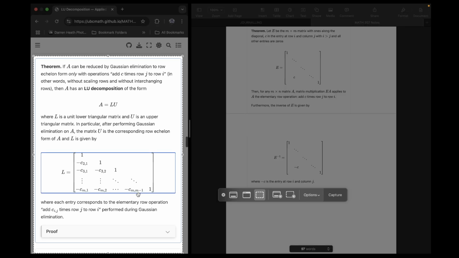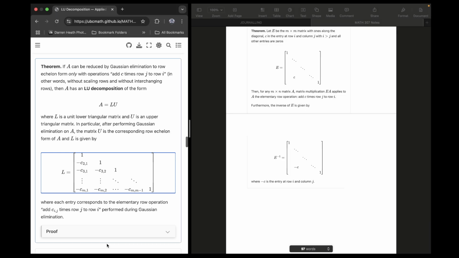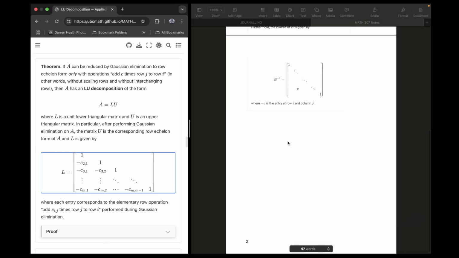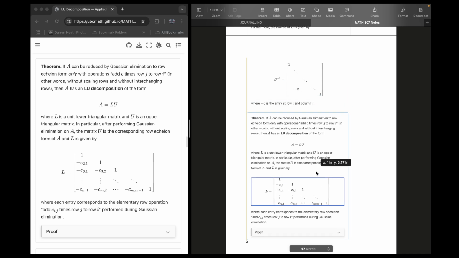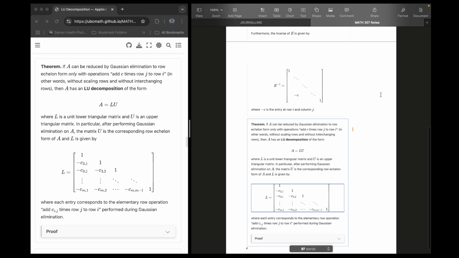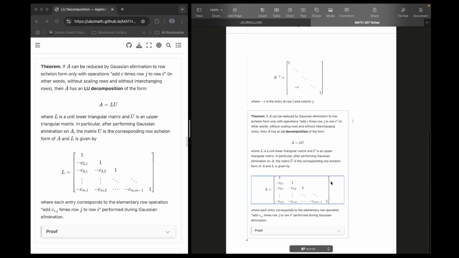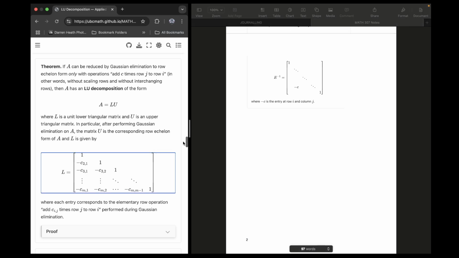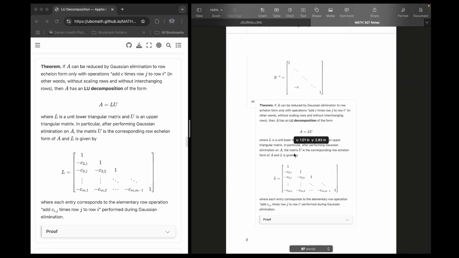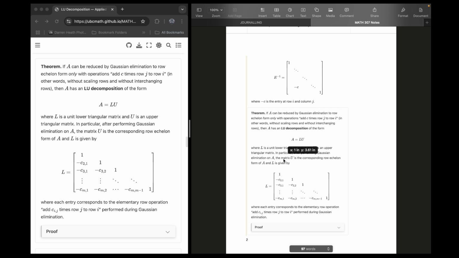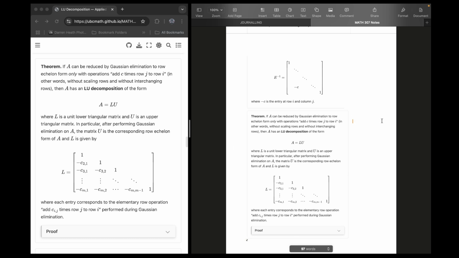Sick. Okay, we're gonna try to do the examples after. Just want to get through this reading though.